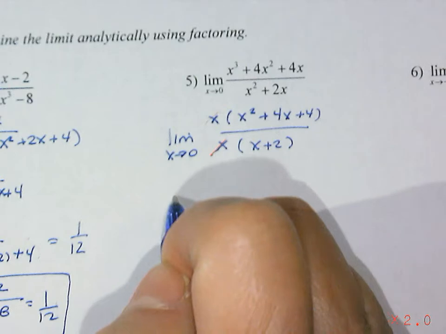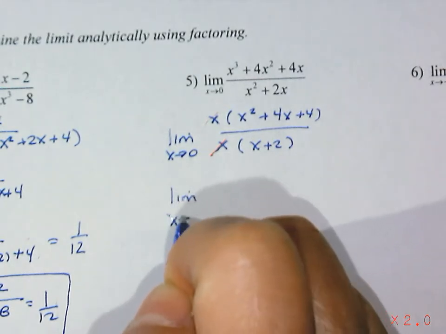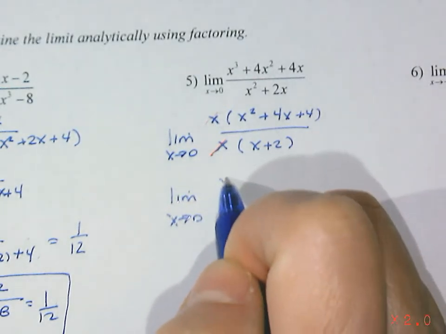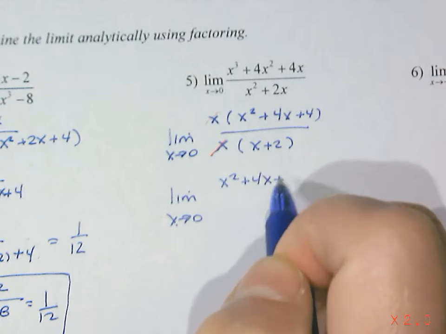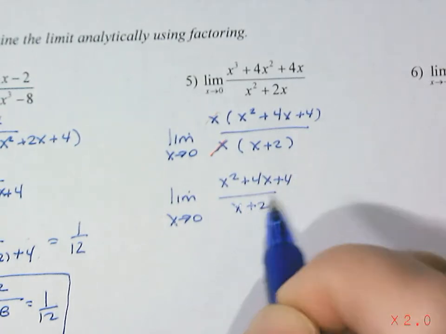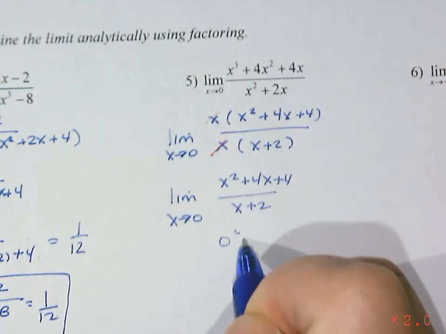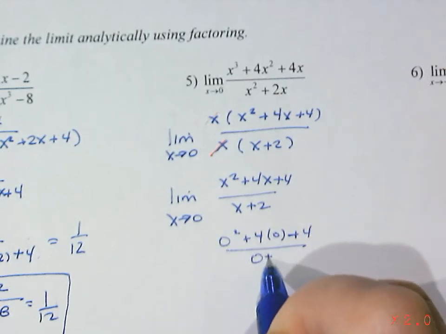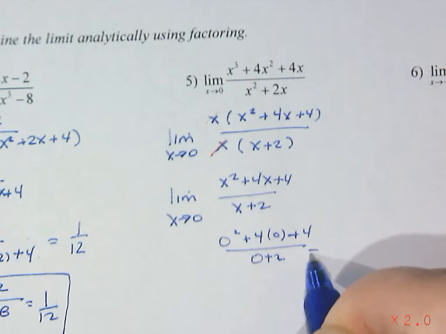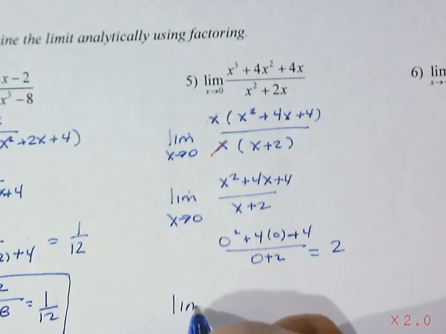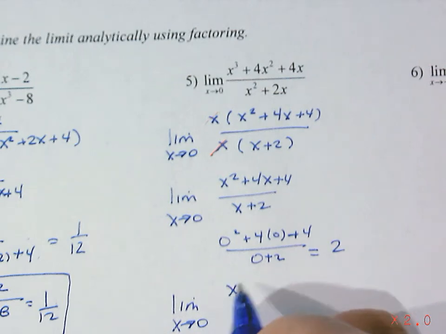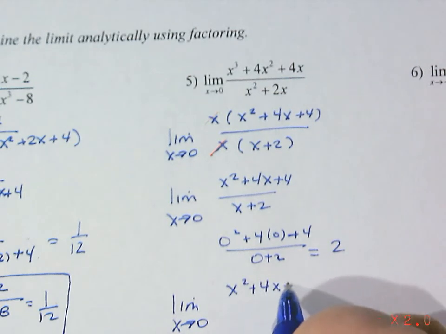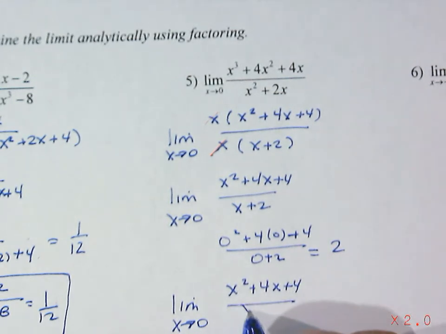So I'd have the limit as x approaches 0 of x squared plus 4x plus 4 over x plus 2 would be 0 squared plus 4 times 0 plus 4 over 0 plus 2, which is equal to 2. So the limit as x approaches 0 of x squared plus 4x plus 4 over x plus 2 equals 2.